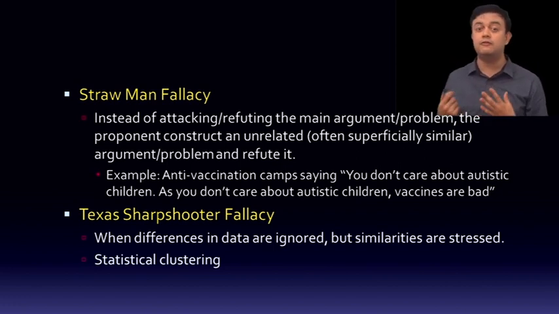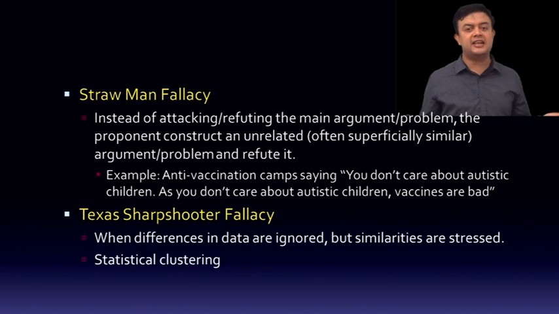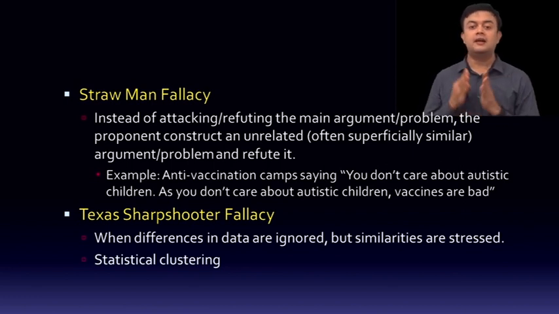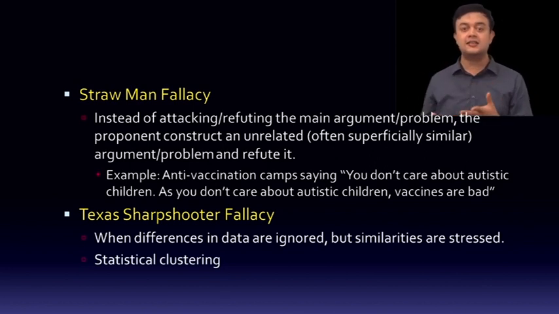Another kind of informal fallacy is called the Texas sharpshooter fallacy. What is that? When the differences in the data are ignored but similarities are stressed, it is a kind of statistical clustering. The name Texas sharpshooter fallacy is derived from a cowboy in Texas in the United States.